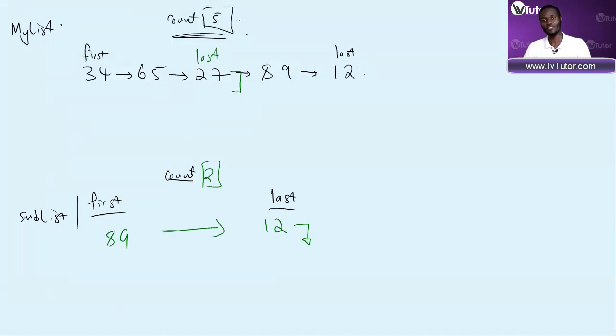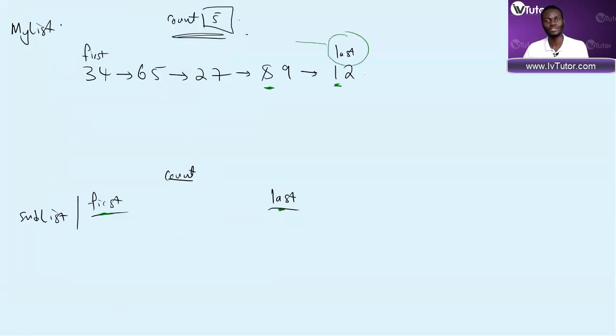And what's interesting in this question is that even though it feels like you should be doing some copying of some sort, you don't copy anything. You simply play around with your links, because these are all pointers. So what you want to do is to just make sure that first of sublist becomes this node, and last of sublist becomes this node. Last of my list should then move to this node, and then you break this link and you update your counts.